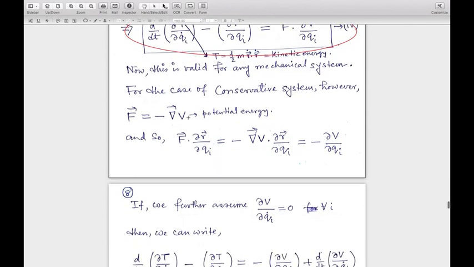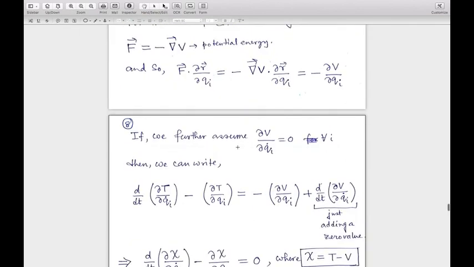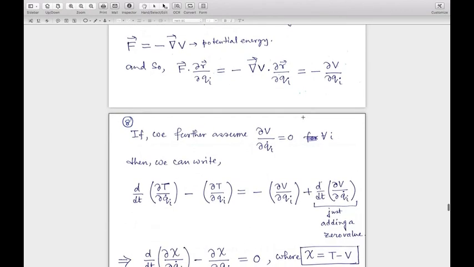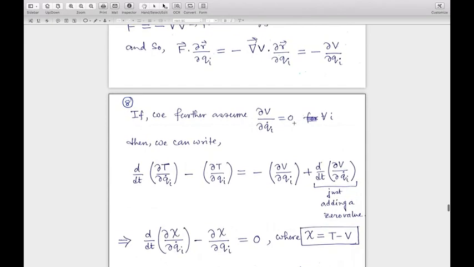Then F · ∂r/∂q_i is minus ∇V · ∂r/∂q_i, which is simply minus ∂V/∂q_i. Now we assume that our potential function is a function of generalized coordinates only, the q's. No explicit time dependence, no explicit dependence on the generalized velocities q_i dots. That's why ∂V/∂q_i dot is also 0.